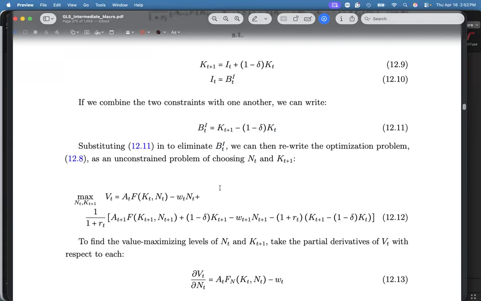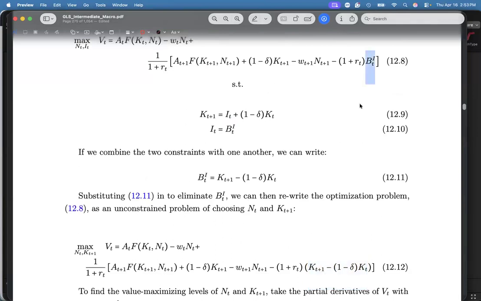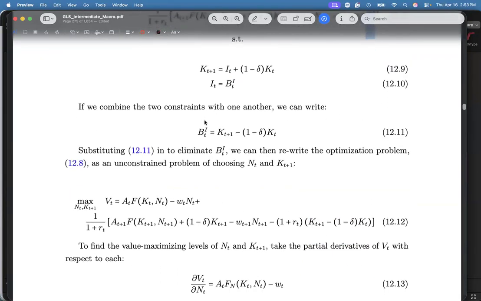And then what will happen next is you will just replace this one. What is this? This used to be BI, right? And then the BI, you'll turn it into K and KT here, okay, which is your investment here.